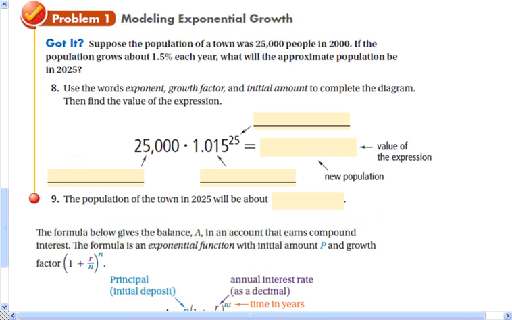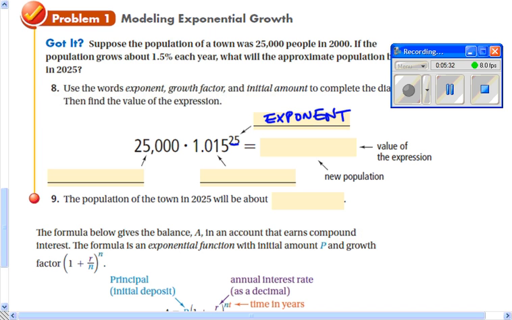I'll help you fill this in, and then you can fill in the rest there with some definitions here. It says fill in the words in here. The exponent here is 25, so we'll put exponent there. Actually, you go ahead and try and figure out which goes where.